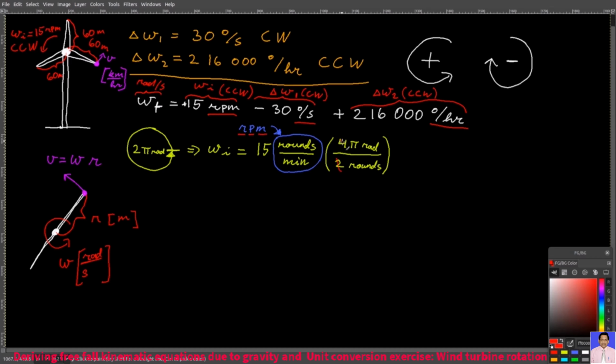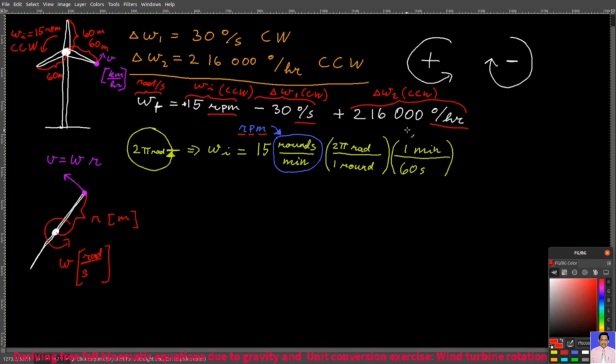Then 2 and 4 will cancel out, and here I will have 2, and here I will have 1. Or I can write 10 rounds and 20 pi radians, and then this will be 1 and this will be 2. So you see, it doesn't matter. I will write 1 round and 2 pi radians. And then I will create another ratio, 1 minute and 60 seconds.